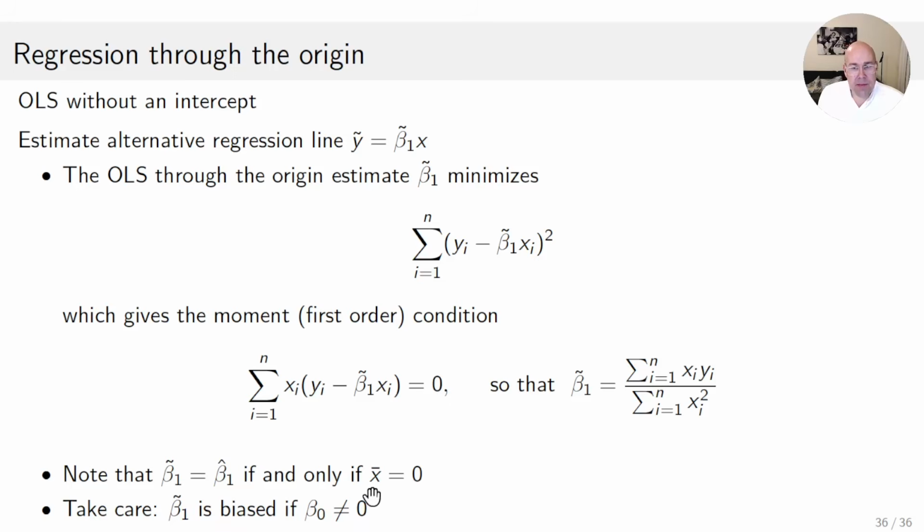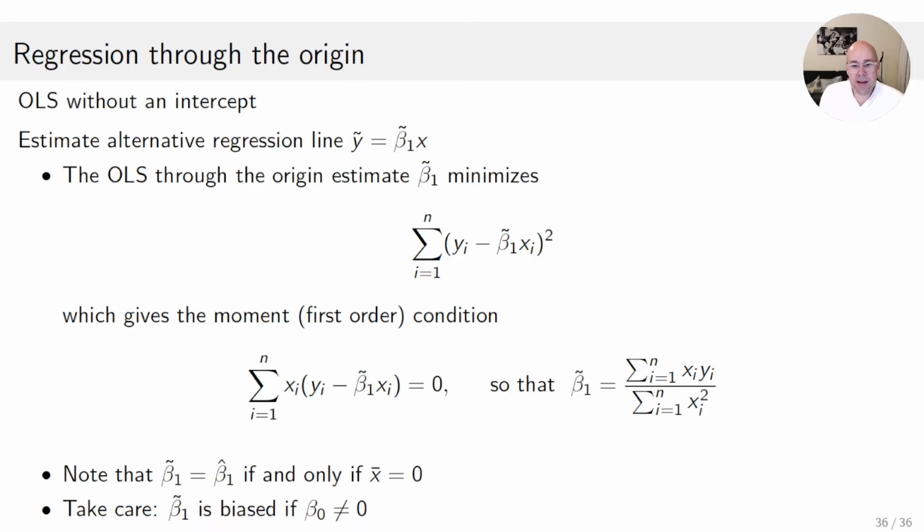If this assumption is correct, so if x bar is equal to 0, then these two are going to be exactly the same. But if not, so if actually beta naught is not equal to 0, then beta 1 tilde is going to be biased.